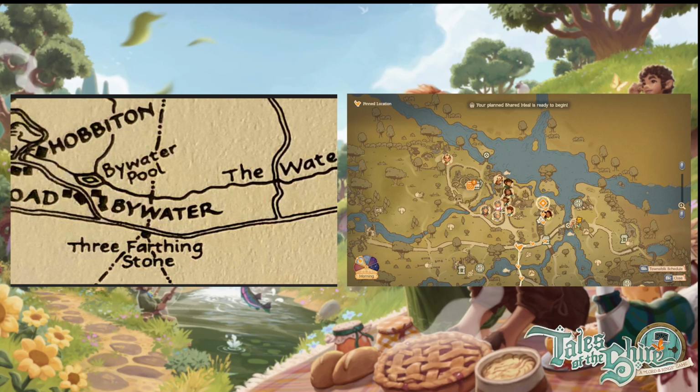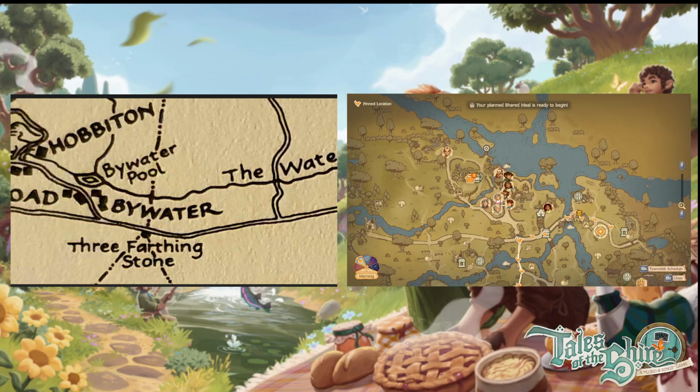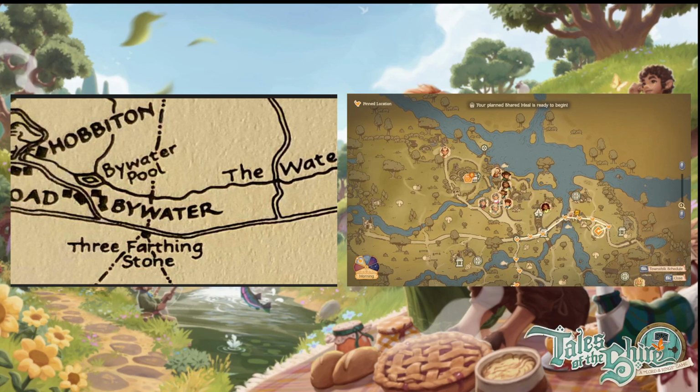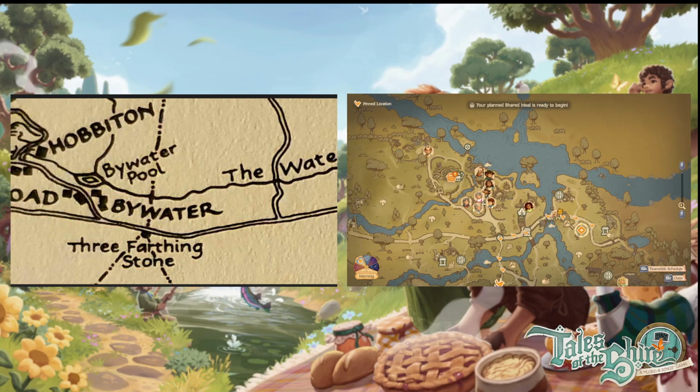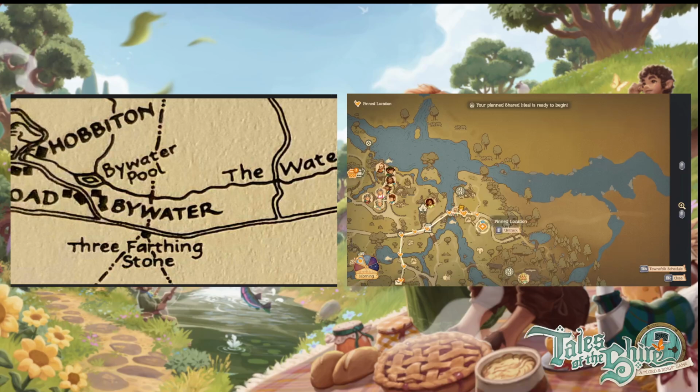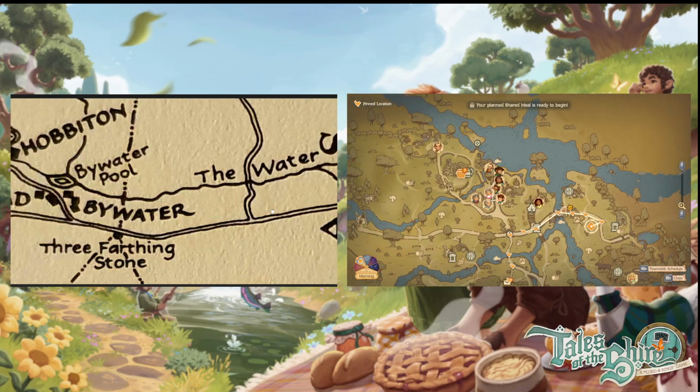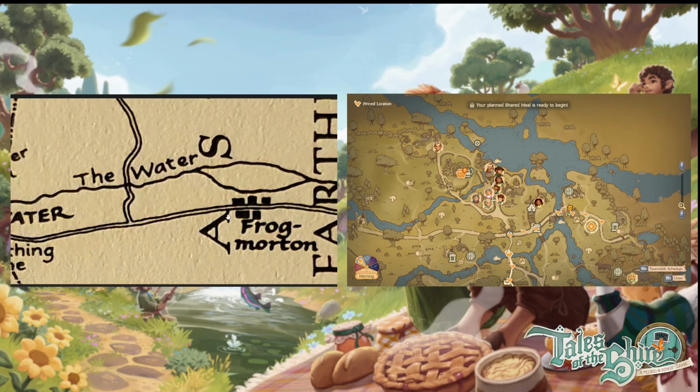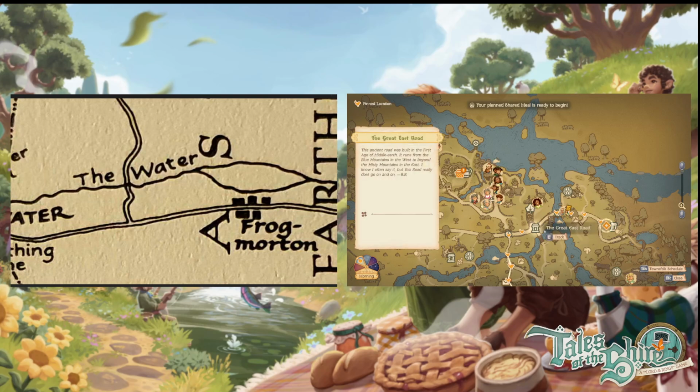So we obviously know that this is the proximity of Bywater itself. This road going from east to west is the Great East Road. If you were to continue further east, going off this map, the next town you would encounter would be Frogmorton.